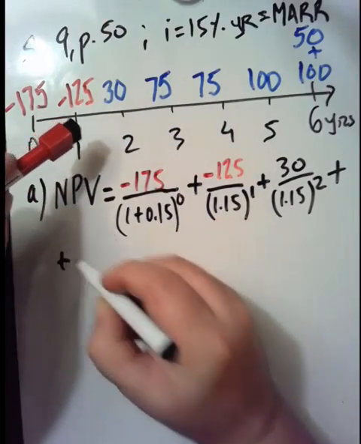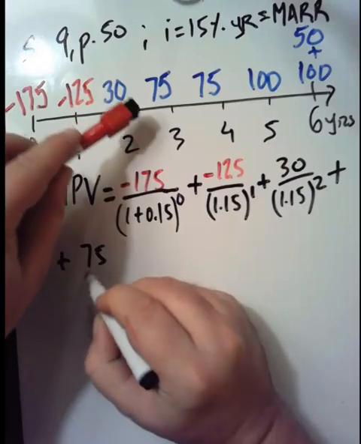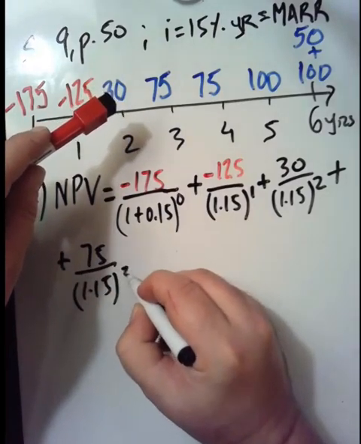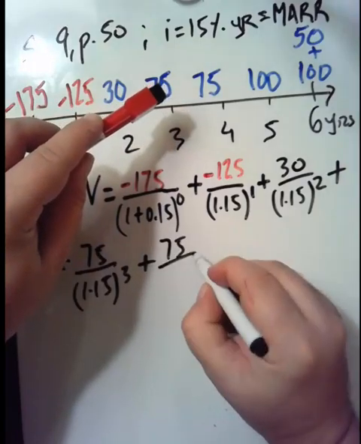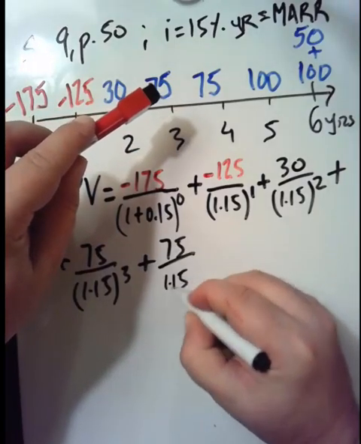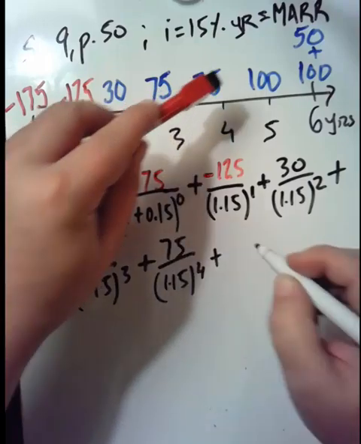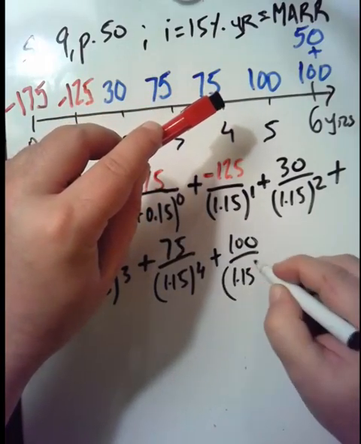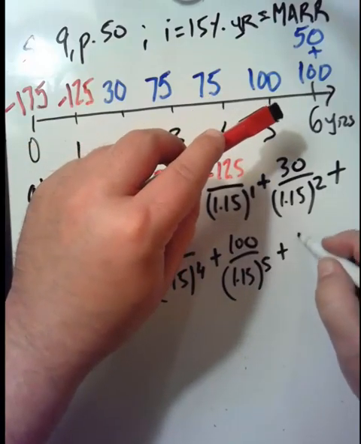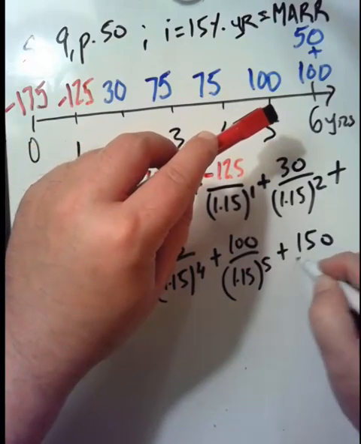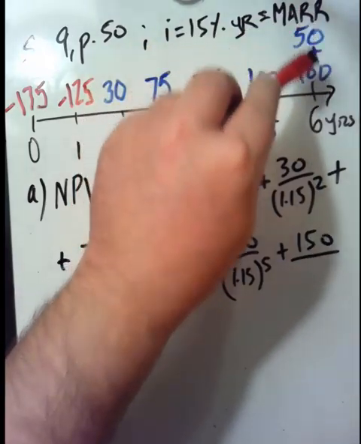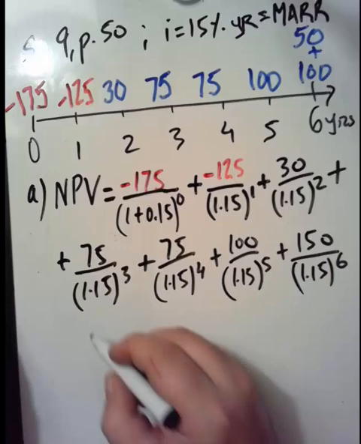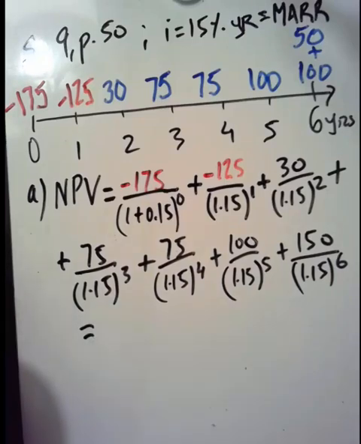So then we would do the same for the cash flow at time 3, discounting it at 15%. The same cash flow happens at time 4, so that's discounted. At time 5 it is 100. And at time 6 it is 150, the summation of these two, discounting it 6 years at 15%.